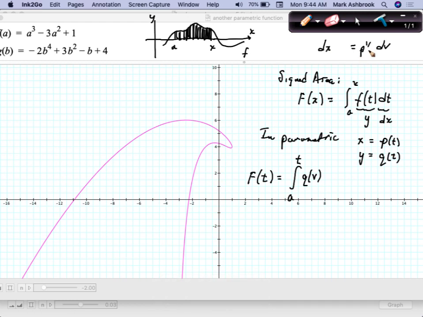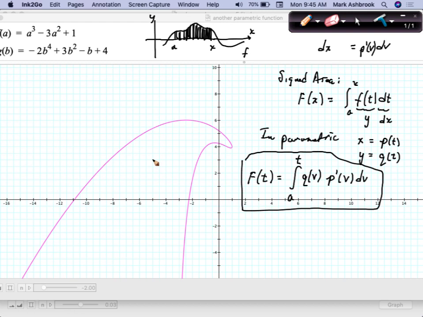So it's just using that meaning for rate of change again. So my dx is going to be P prime of v dv. And so this is the way that we set up signed area between the x-axis and the curve if you have a parametric function, because this is the same structure as y times dx.